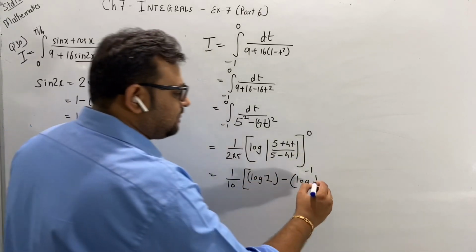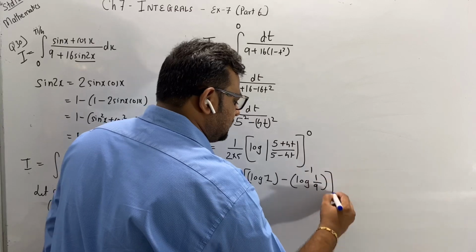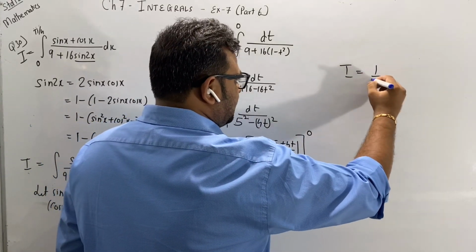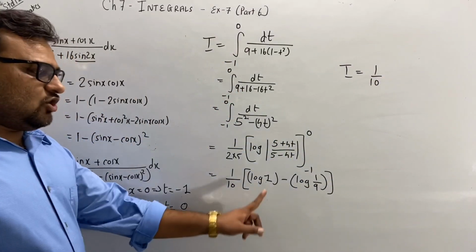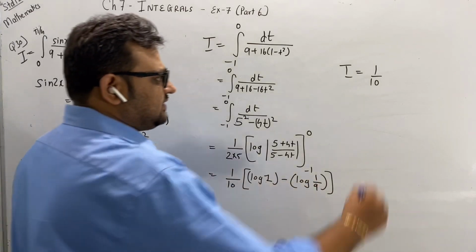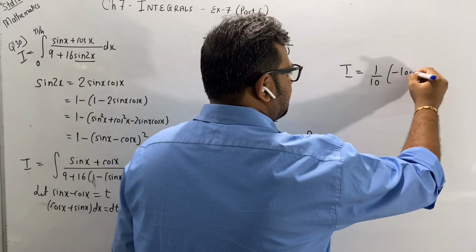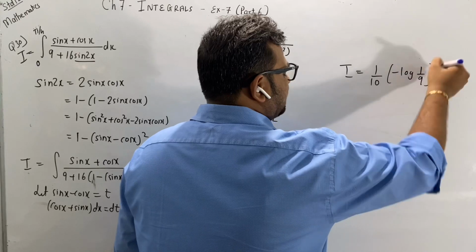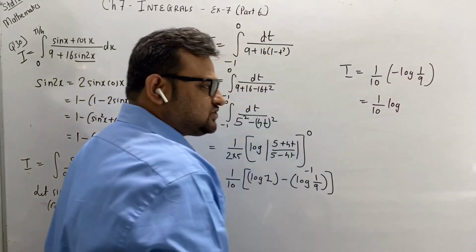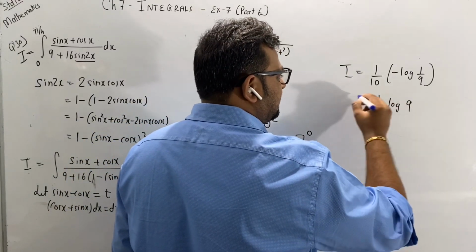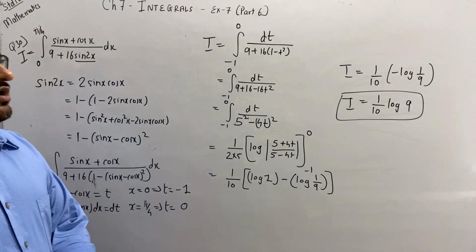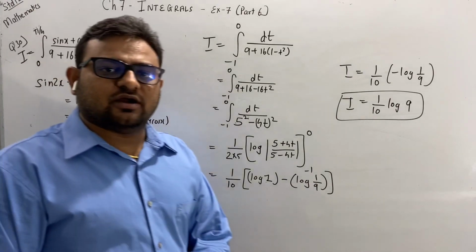So 5 minus 4 is 1, and 5 plus 4 is 9. Okay, so I will be equal to 1 by 10 of (log 1, which is 0, minus log 1 by 9). Minus 1 goes in the power, so it will be 1 by 9 raised to minus 1, so it's 9. Okay, so this is our answer. I is equal to 1 by 10 log 9.